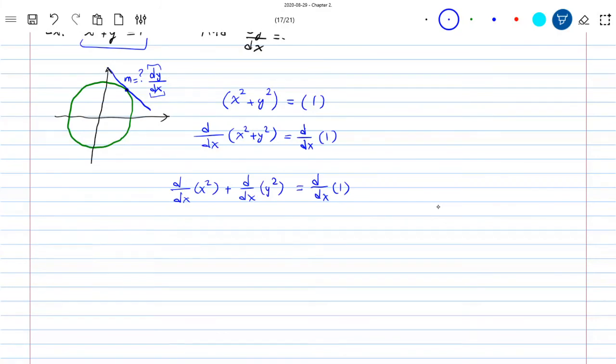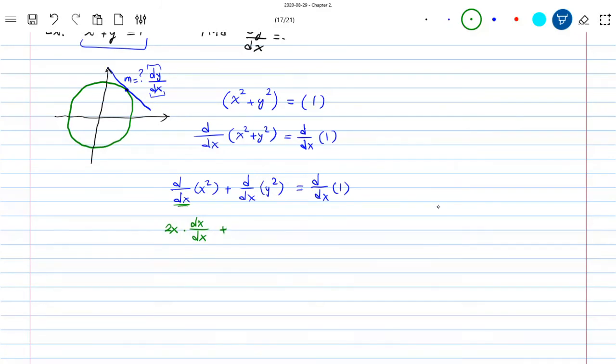So what is the derivative of x squared with respect to x? If you apply the power rule, you will get 2x. That is the derivative of x squared, multiplied by the derivative of the inside, which is the variable x with respect to x. This is similar to dy over dy, this is simply 1. I'm going to write it in the next line, but I want you to see it's not necessary to always do this.